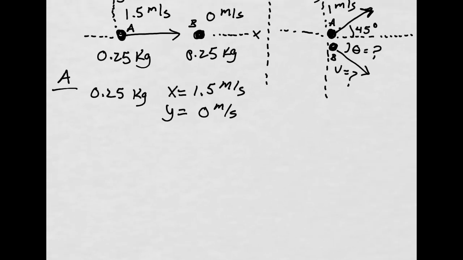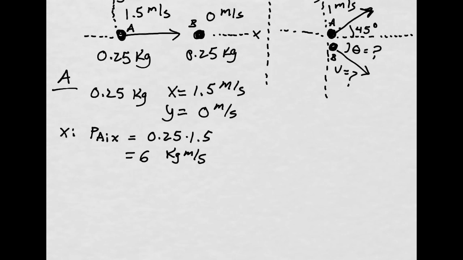Which means that the x component of our momentum, P_A initial x, I know it's a lot of subscripts, but it's so we don't lose track of things, is 0.25 times 1.5, which is 6 kilograms meters per second.